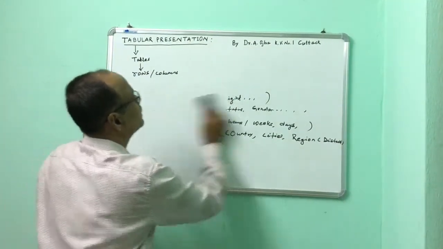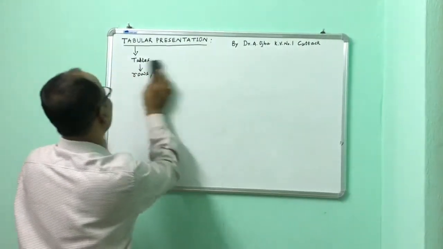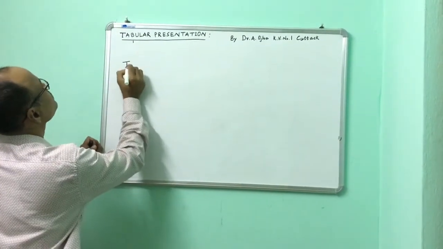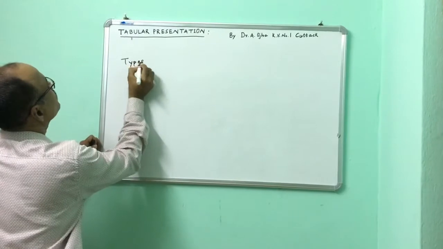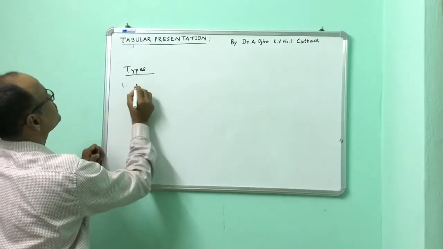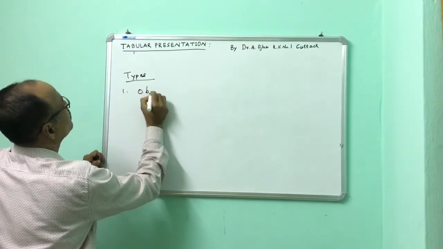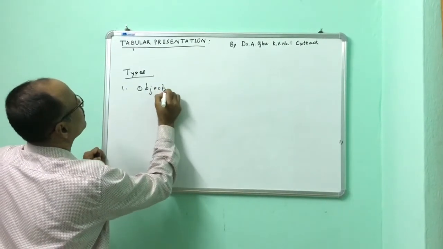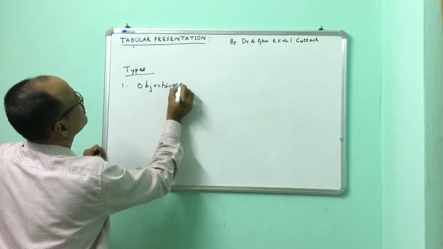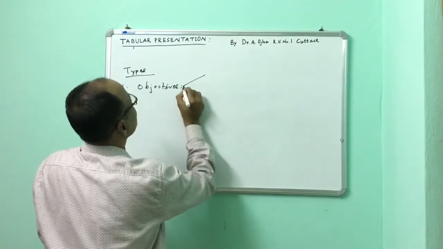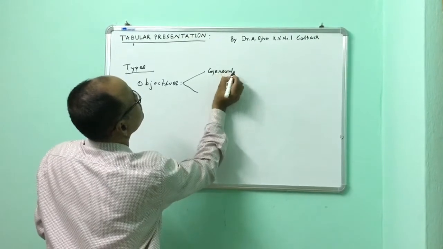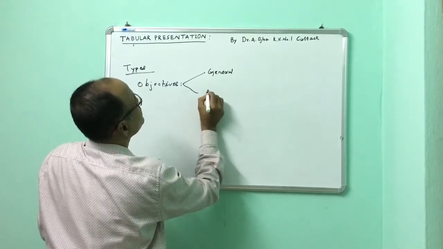Next, what are the types of tables? Types are on the basis of objectives. On the basis of objectives, one is general, another is specific.